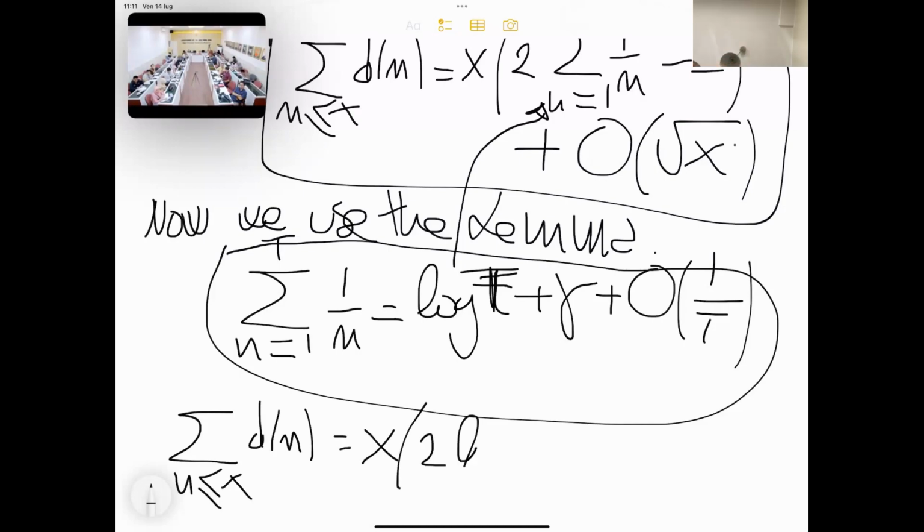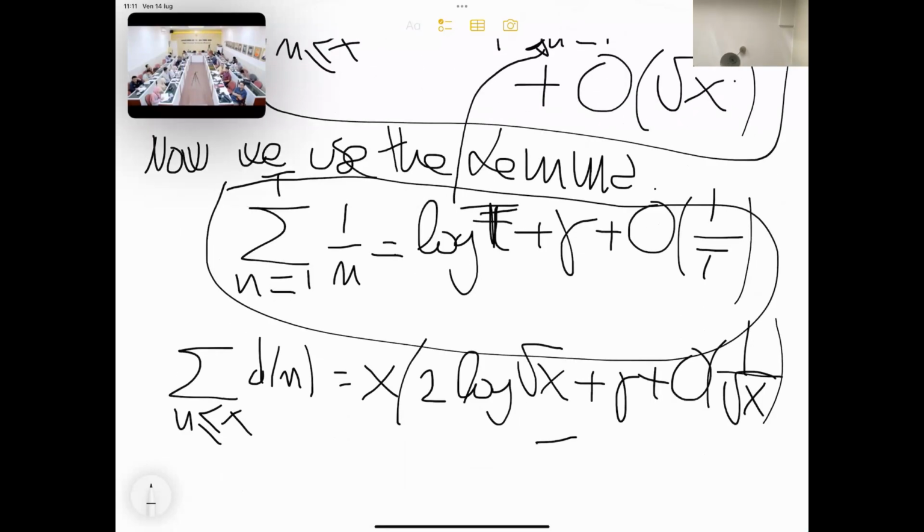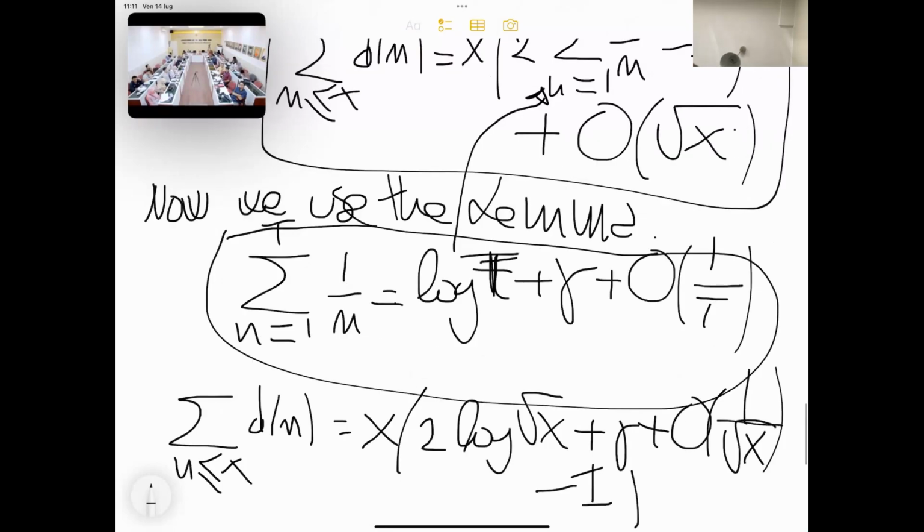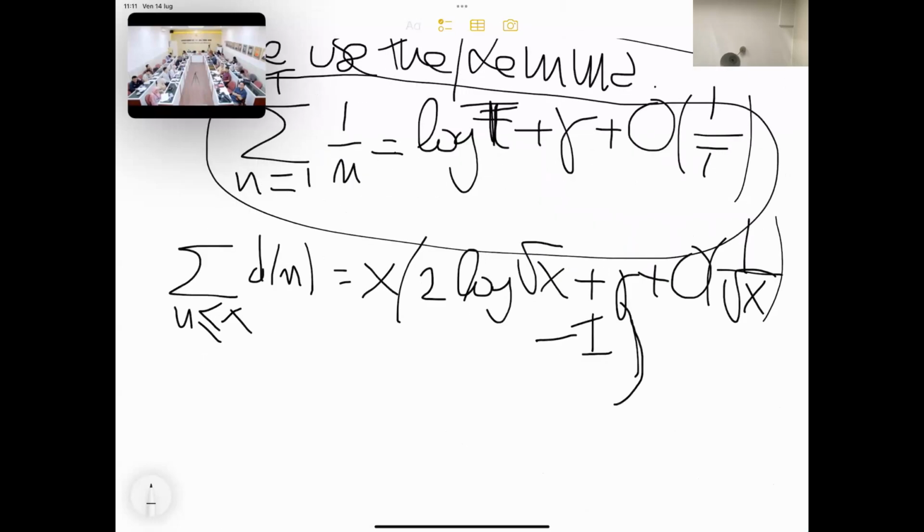Well, this is log of the square root of x plus gamma plus an error term of the type 1 over square root of x. And then I have a minus 1. And then I close the bracket. And then the other error terms of this type.